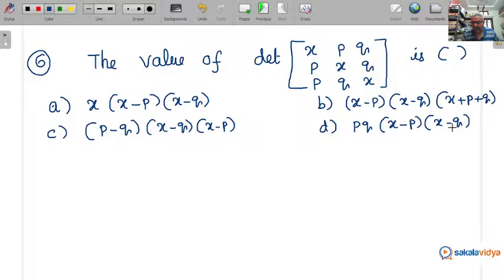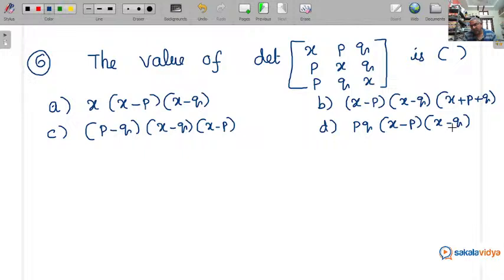So, two options can be eliminated here by observing. First, if we find the product of the principal diagonal elements, principal diagonal means x, x, x. So x cube, its degree is 3. Option A is x into x, x cube, partially correct.